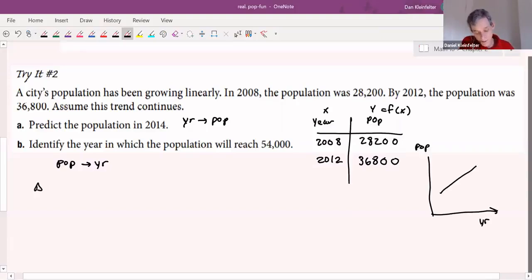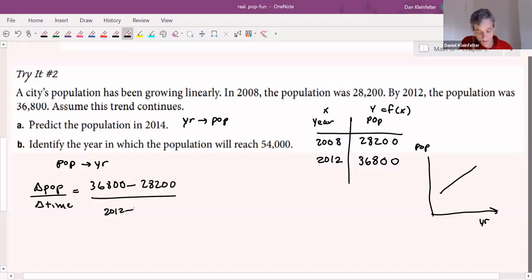So the slope will be the change in population divided by the change in time. So we're going to calculate 36,800 minus 28,200, divided by 2012 minus 2008. Okay, so let's go ahead and get that worked out.